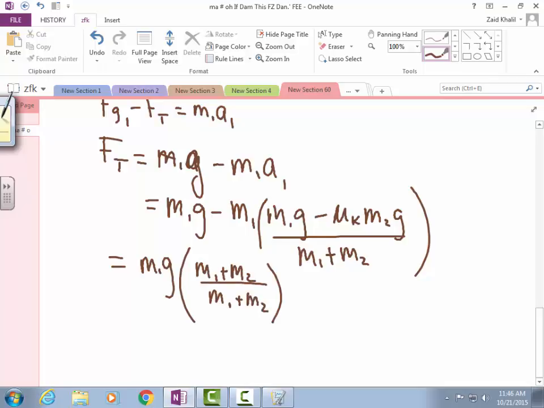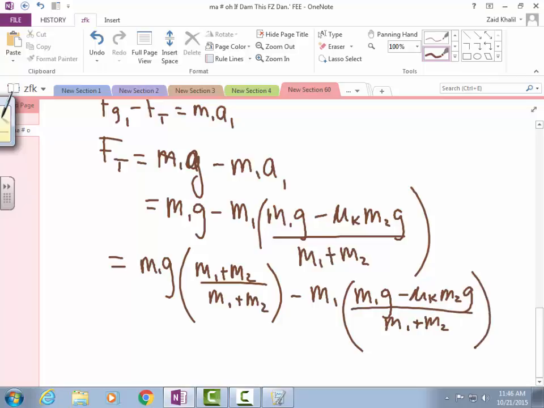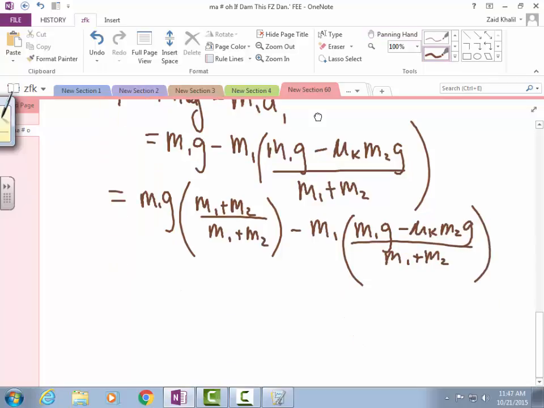The way you do it is you multiply M1G by 1, and the one you choose is the strategic one. Notice, what did I multiply M1G by? I multiplied it by a number, 1. How did I make my 1? I made it by taking the denominator and dividing it by itself.